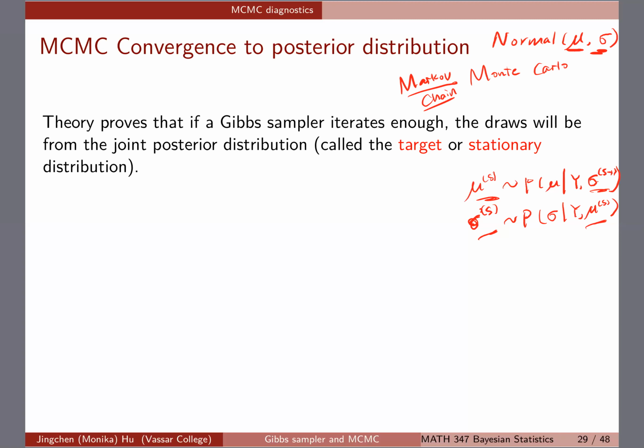So another key thing that we're going to do after we get a long run of the Gibbs sampler is to make the draws go from dependent to independent. The way to do that is to check a function that shows the correlation between the draws.